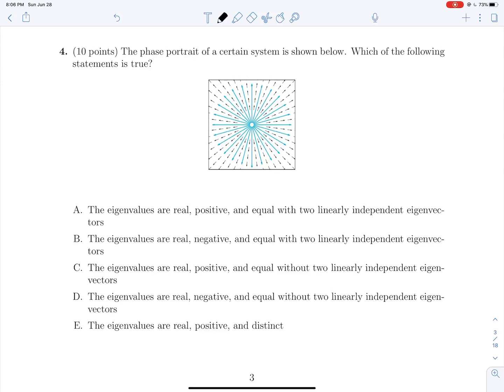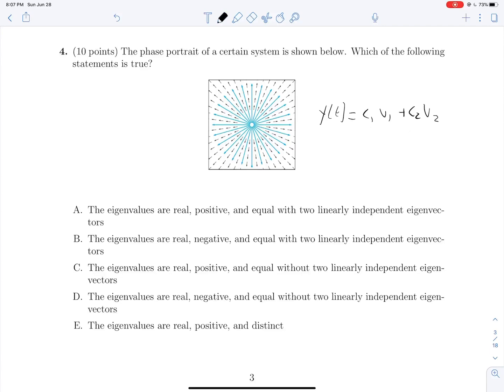If our solution x of t is equal to c1 v1 e to the lambda 1 t plus c2 v2 e to the lambda 2 t, let's ignore these e to the lambda t's for now. This is obviously not x of t anymore. Let's call this y of t, but this still says something about the characteristics of our eigenvalues and eigenvectors here.